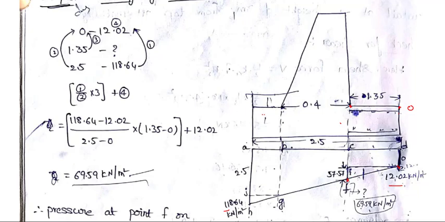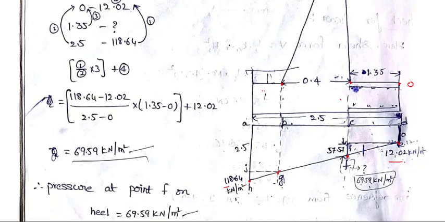Next coming to this point, the toe starting point, what is the pressure? We have to check. And finally we know this pressure 118.64. Okay, now let's divide this one: A, B, C, D, E, F. This one is I. Now here this point. Next G.